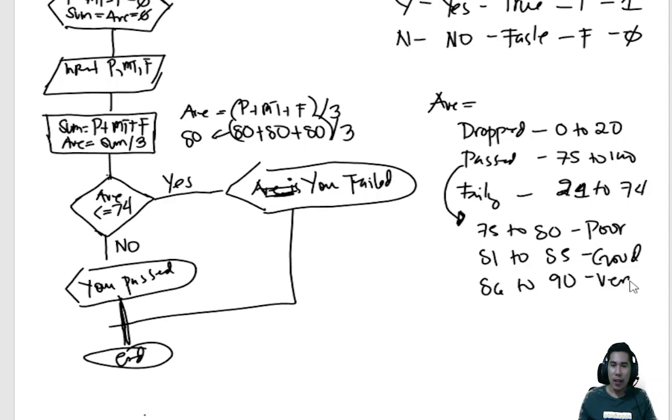Okay, very good. And then 91 to 95, we can label as above very good, let's say excellent. Which is higher, excellent or outstanding.